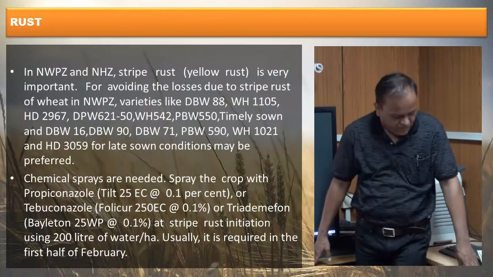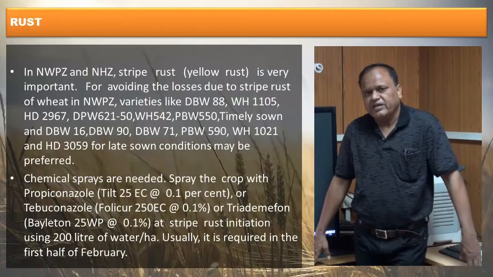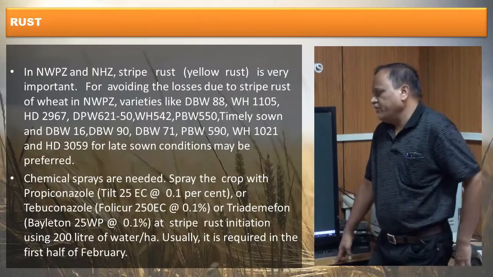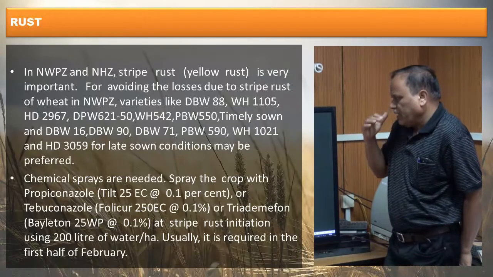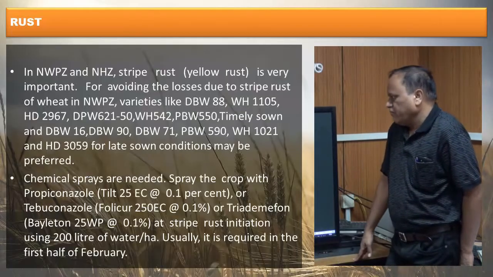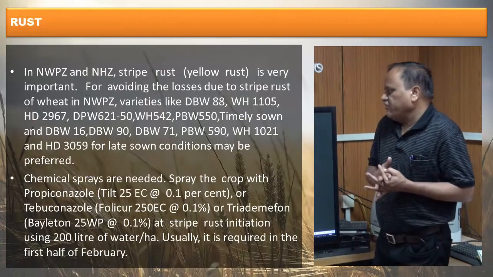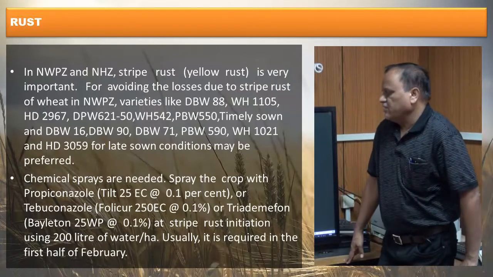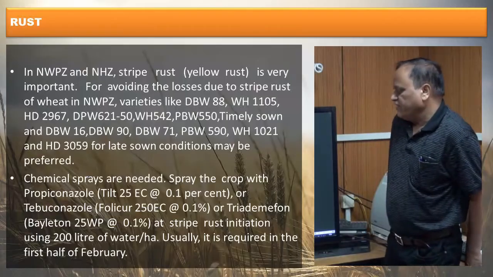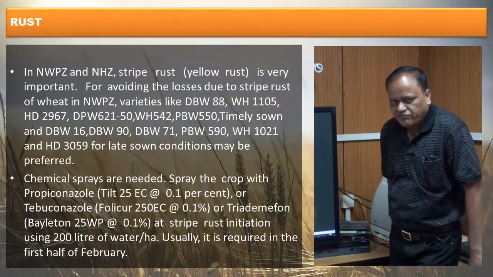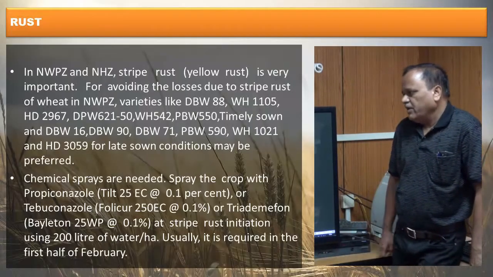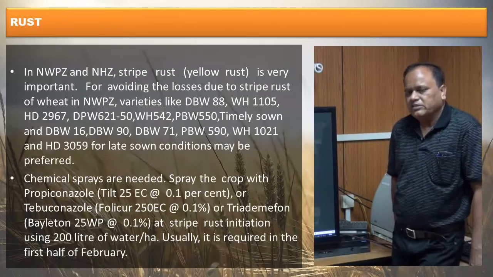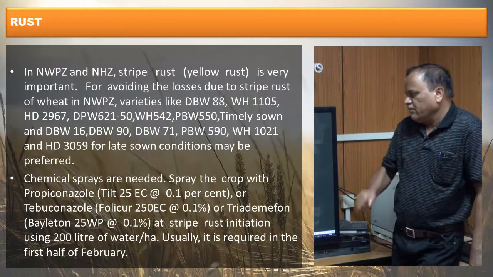But nowadays black rust is very minimal, almost not found in India, due to different types of resistant varieties. But yellow rust is very important, and for avoiding the losses due to stripe rust or yellow rust of wheat in the northwestern plains, some of the resistant varieties which should be grown by the farmer are DBW88, WH1105, HD2967, DPW621-50, WH542, and PBW550 for timely sown.